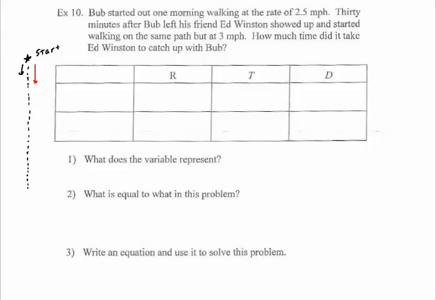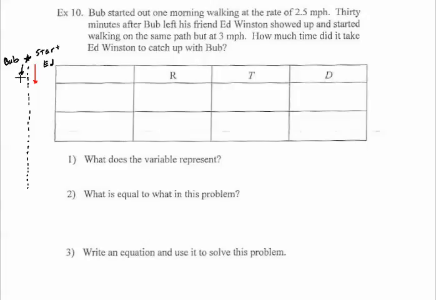Now, it says that they do not start at the same time. So what happens is, let me go ahead and label this left side Bub, and then this other side Ed.